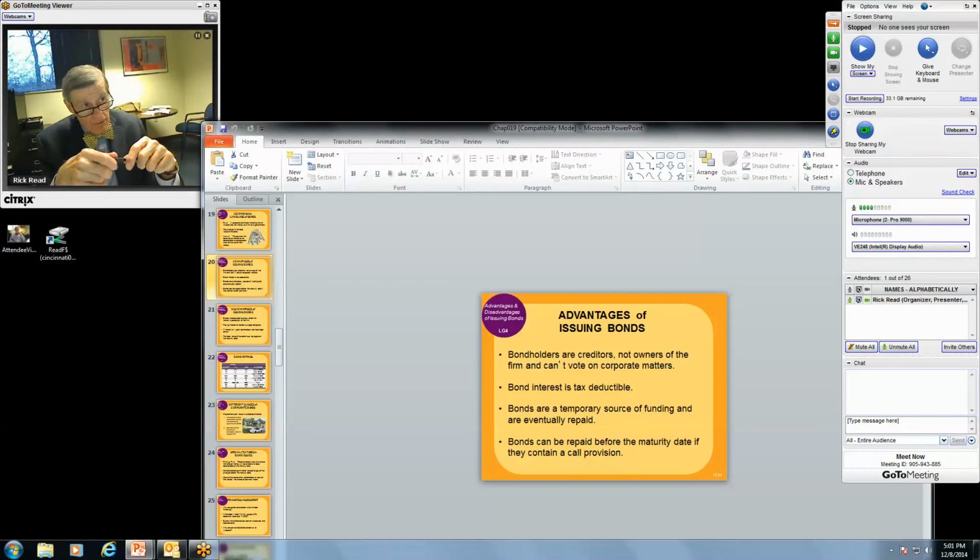Bonds are only temporary. Once the bond is paid off, it's gone. Of course, you can issue new ones, obviously. And bonds can be repaid early if there's a callable provision in the bond.